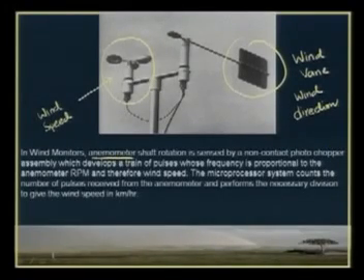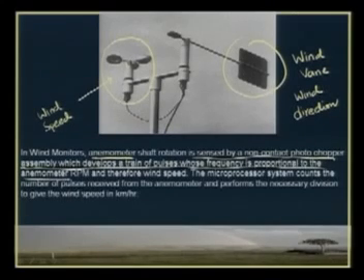The shaft rotation is sensed by a non-contact photochopper assembly, which develops a train of pulses whose frequency is proportional to the anemometer rounds per minute and therefore wind speed.